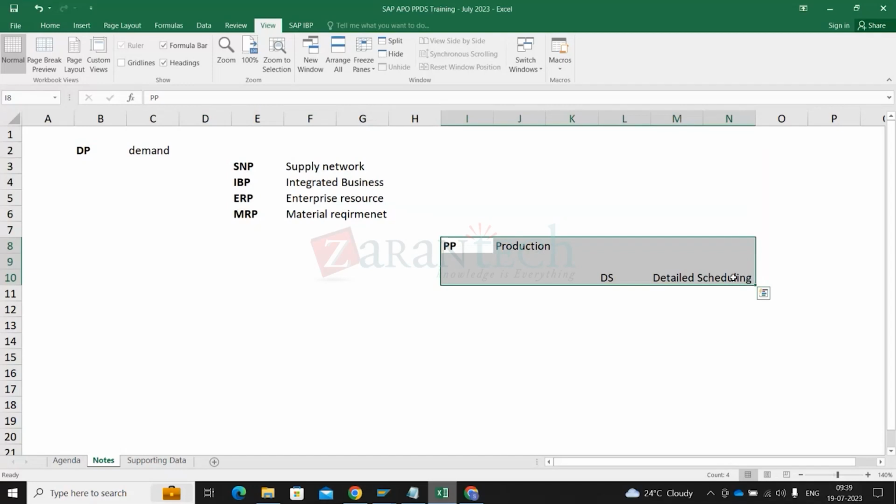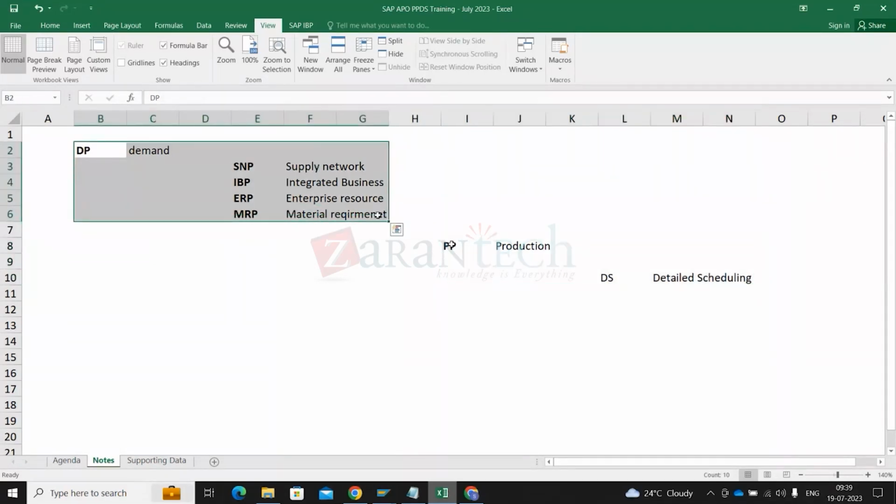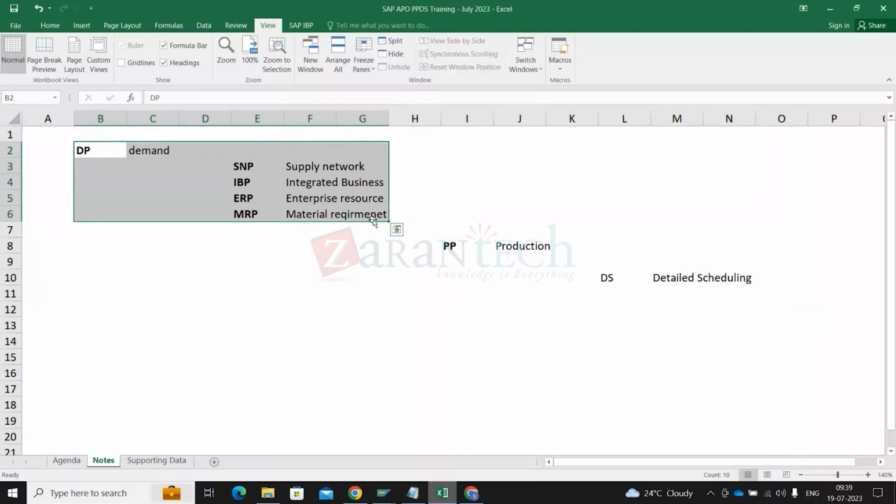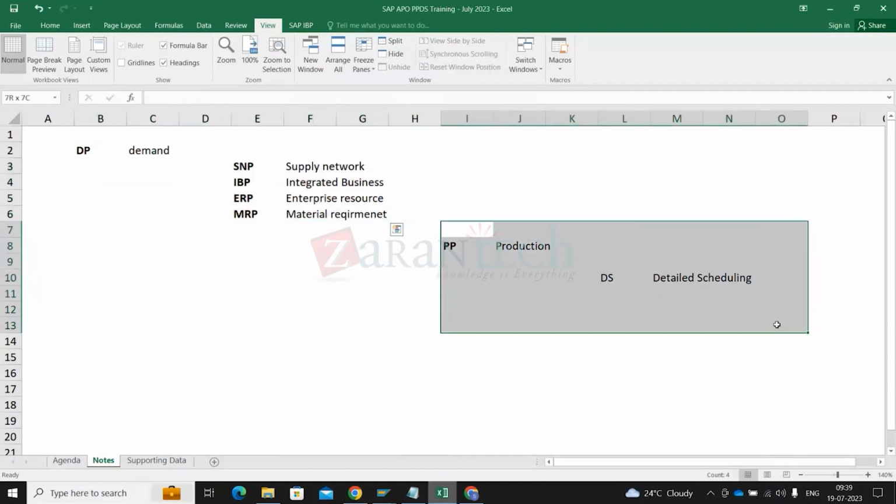Learn the PPDS concepts, and also know what happens outside, because integrations are becoming so tight these days that I have seen customers using multiple software tools together. They might use O9 for one thing and PPDS for another, and both work fine. Or they might use APO or IBP for the previous steps, and Kinaxis for the next one. The concept remains the same. There will also be a detailed scheduling board out there, but if you know the fundamentals, it is helpful.